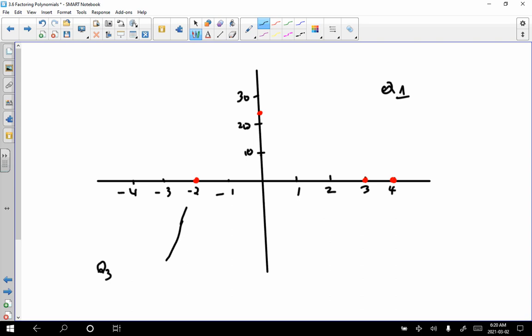All of these zeros have order 1, so the graph just goes through them in a linear fashion. So straight through there, then linear through 3, and then it has to end back in quadrant 1, so it has to go back up. Let me just try to draw that again. It goes like that. Okay, so this is a rough sketch of the function.